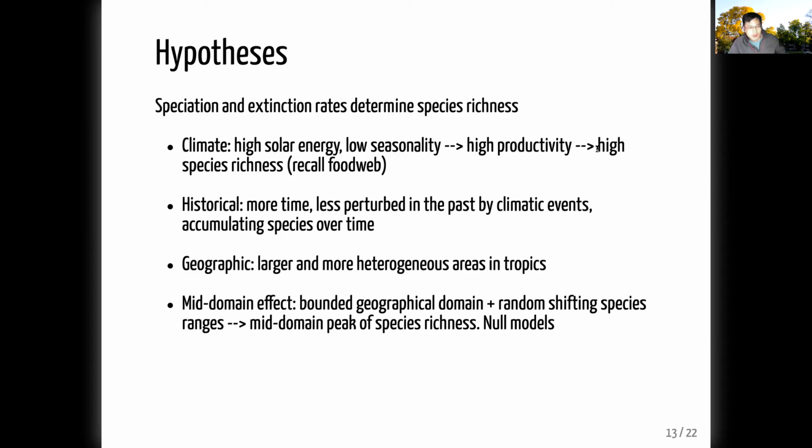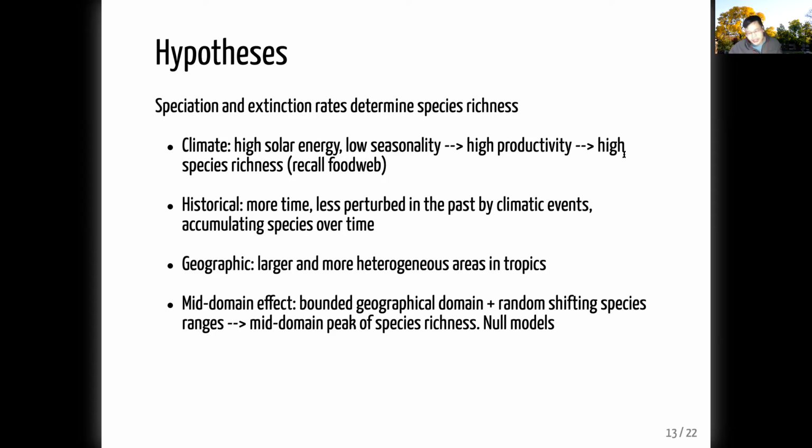And finally, we can talk about the mid-domain effect. By extension, if we have a bounded geographic domain and we randomly shuffle species ranges, with their range size fixed, and randomly place each species within the domain, then just by chance this is going to produce a mid-domain peak of species richness.